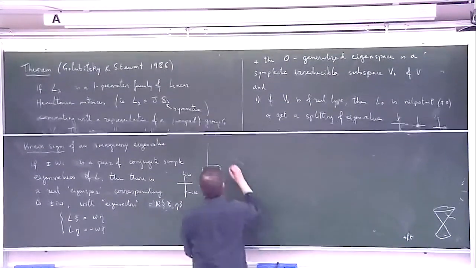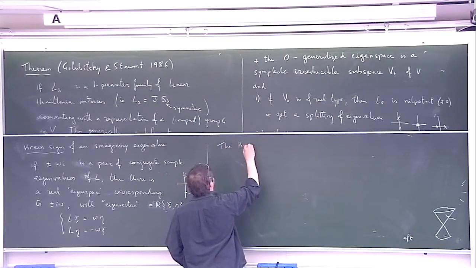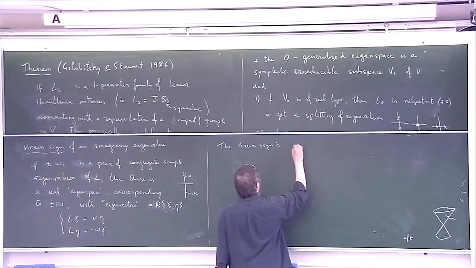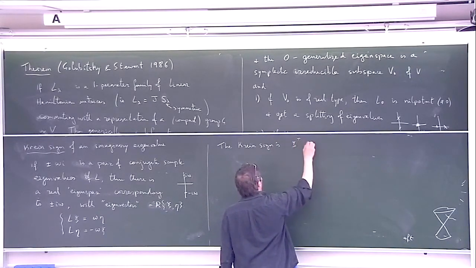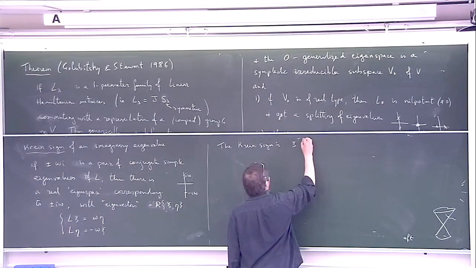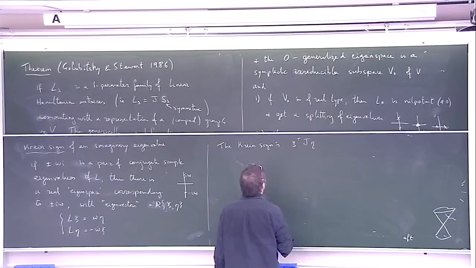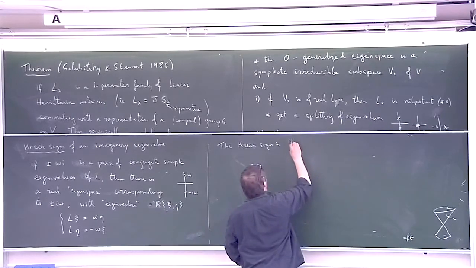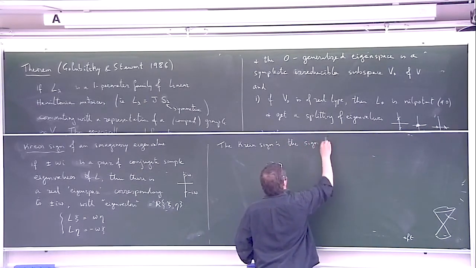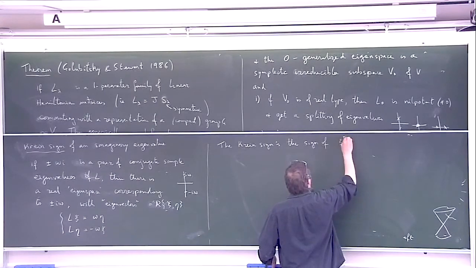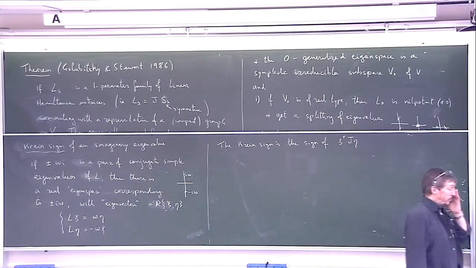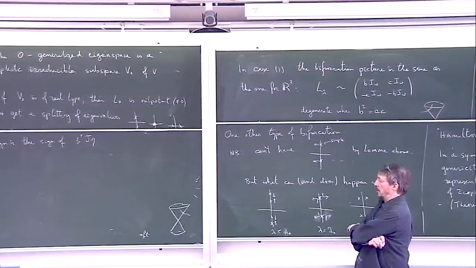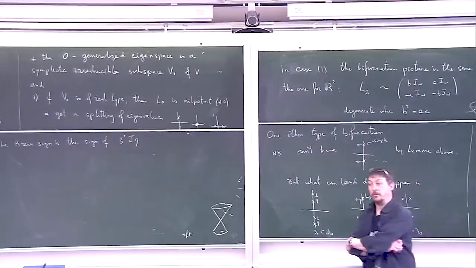And the sign, so if we put psi transpose J eta, that's a convention. You could put eta and psi the other way around, but that's not the same.